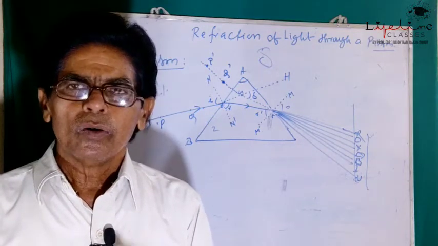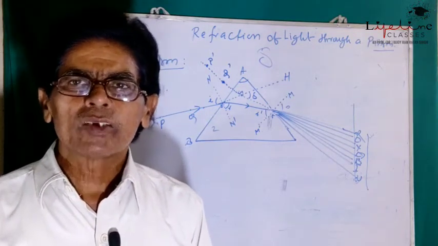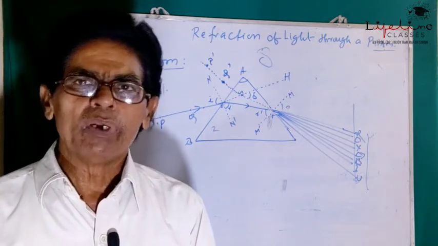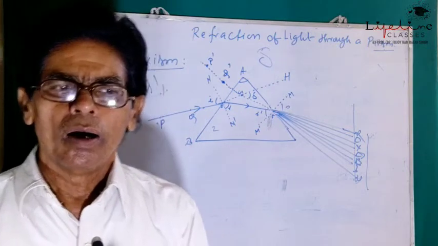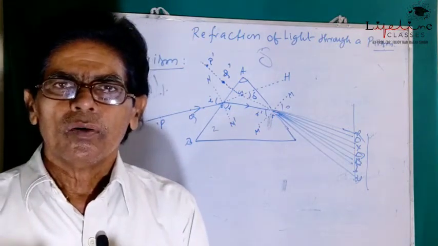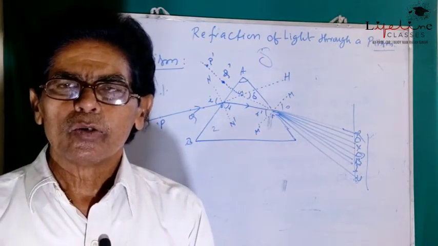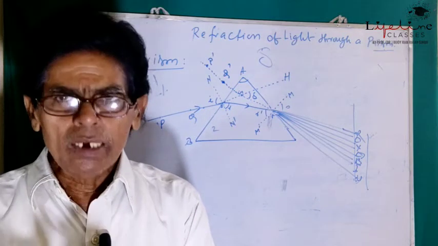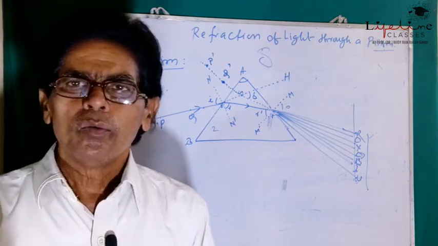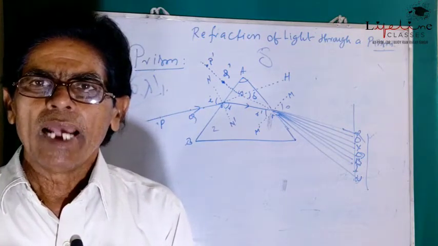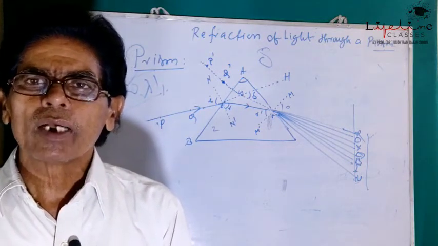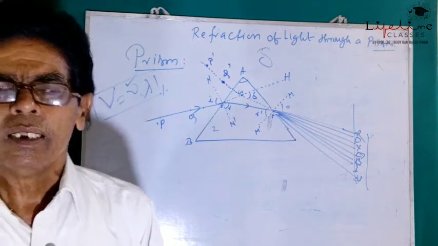Each color overlaps with the previous one at their junction, so there is no distinct boundary line between two colors.